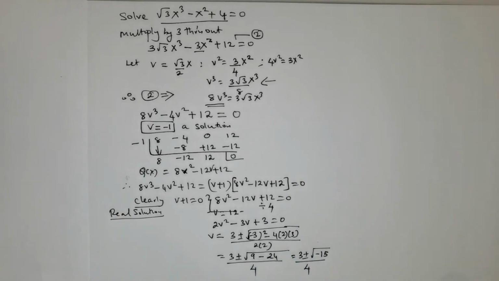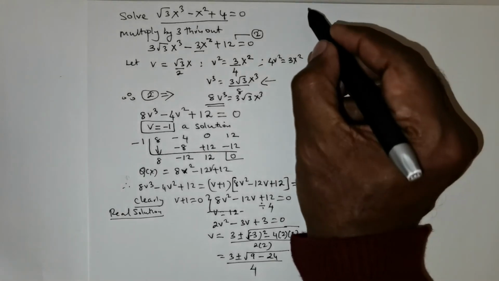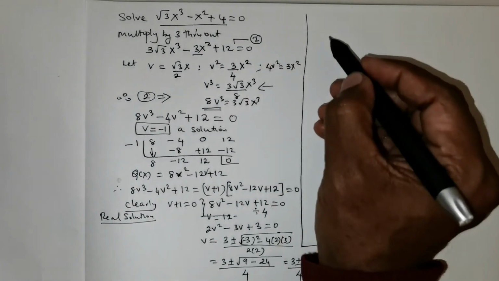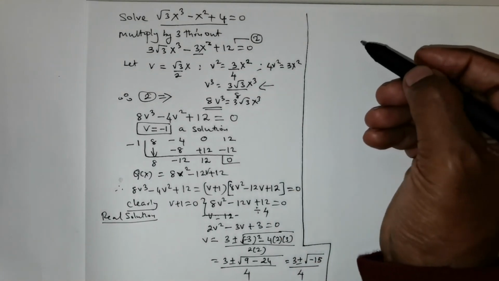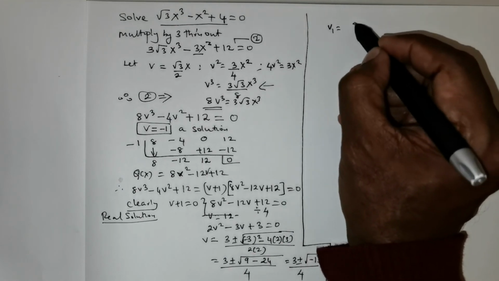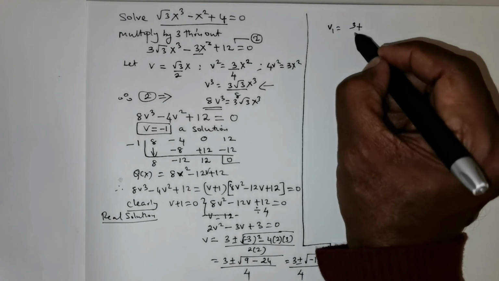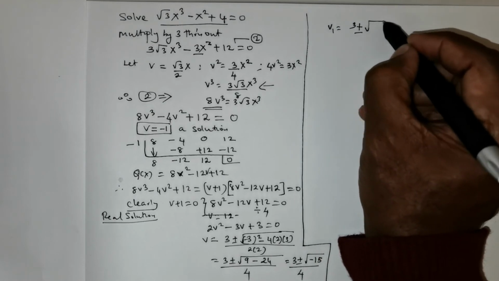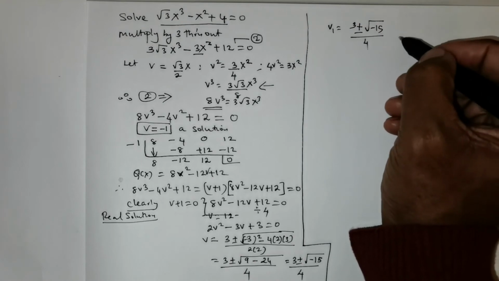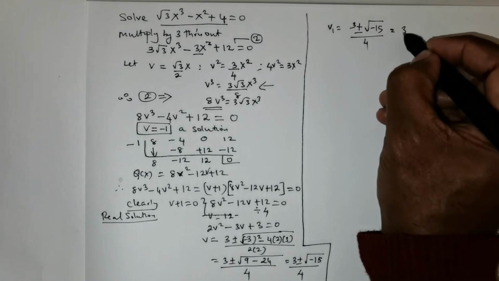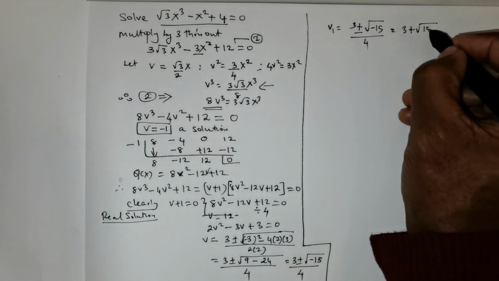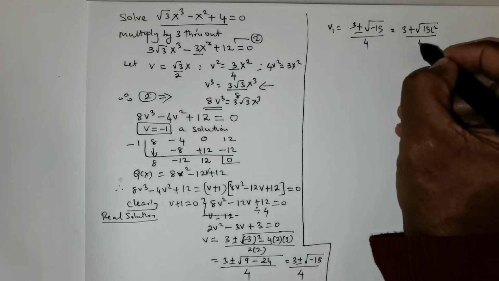divided by 4. So clearly the roots would be 3 plus or minus. Now I have a root of negative 15 divided by 4, right? So that would mean I can rewrite this as 3 plus or minus i times root 15 divided by 4.